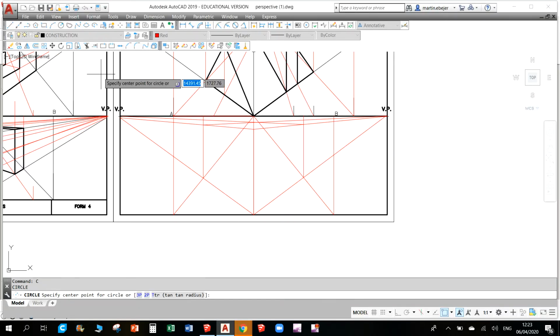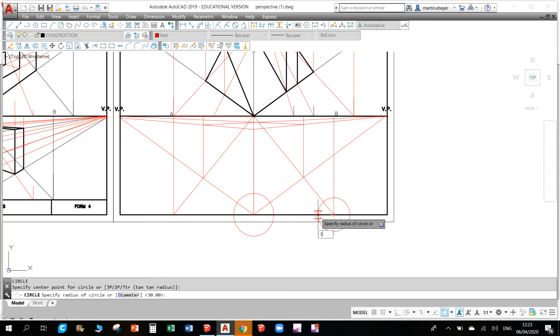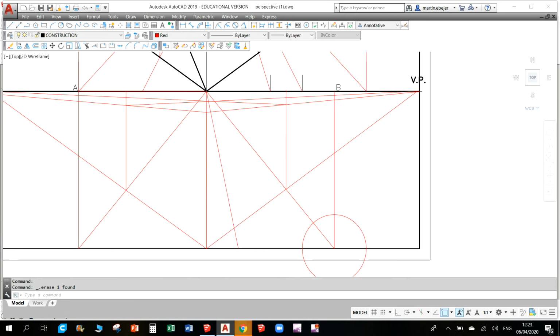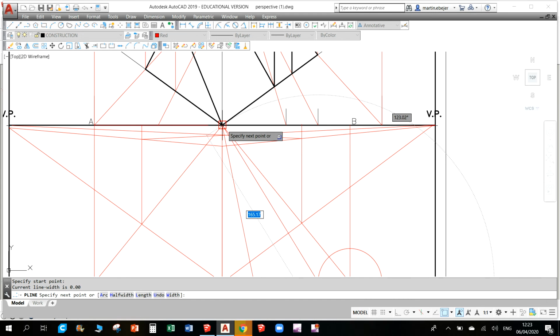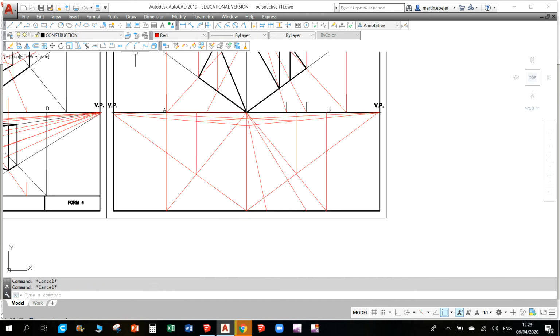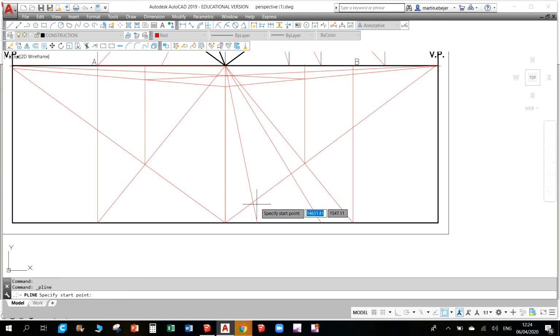So on this side, I'm gonna measure 30, and here I'm gonna measure 30. Here to the midpoint, I'm gonna remove the circle. This is just for my reference. Here I'm gonna project it to the midpoint, and I have the first part ready.